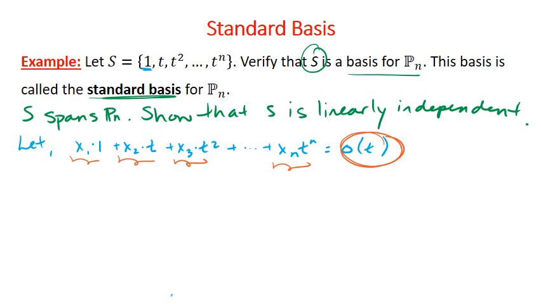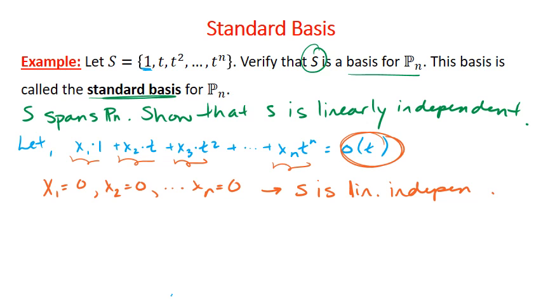Well, in order for that to happen, then x1 must be 0, x2 must be 0, everything needs to be equal to 0. This shows that S is in fact linearly independent. And that tells us that S is a basis for Pn. And we're done.